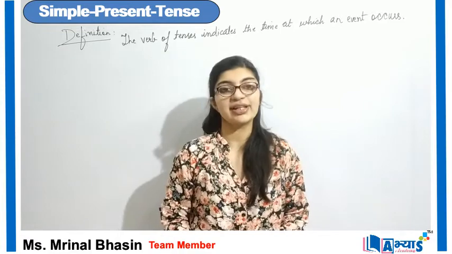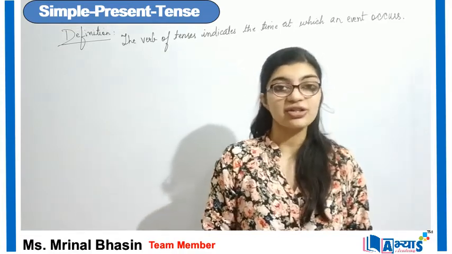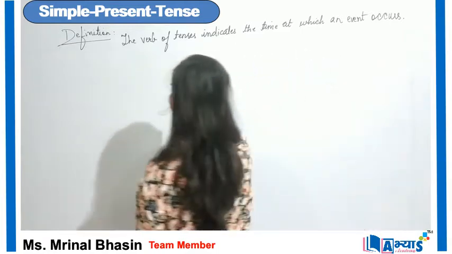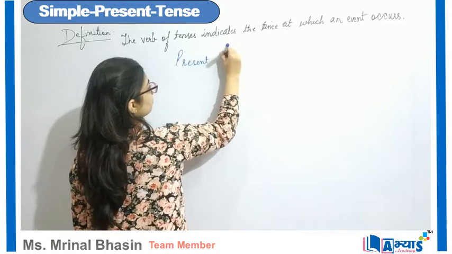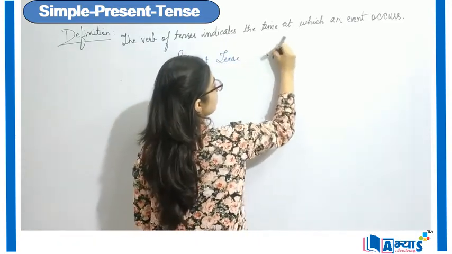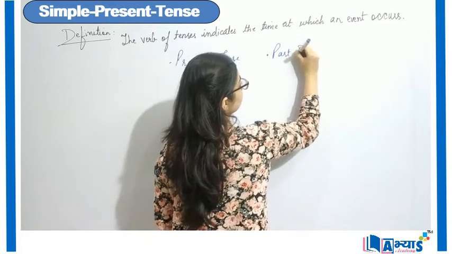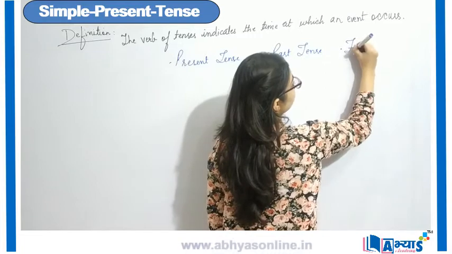So accordingly, the tenses are divided into three types, and those three types of tenses are present tense, past tense, and future tense.